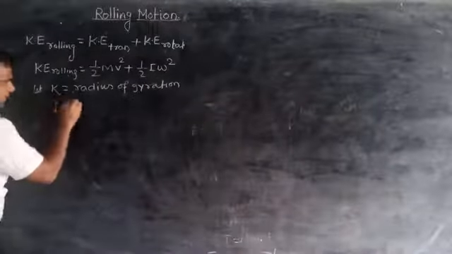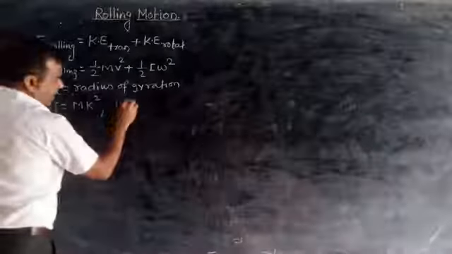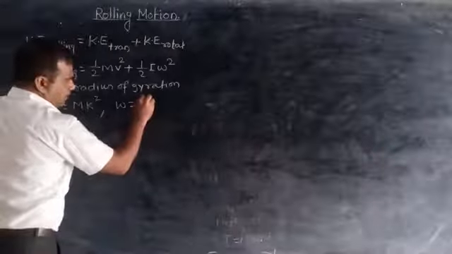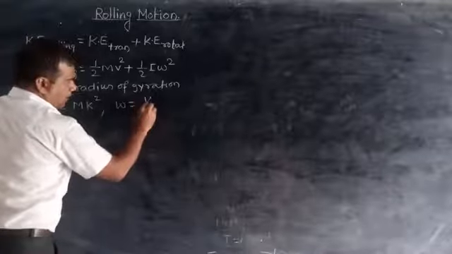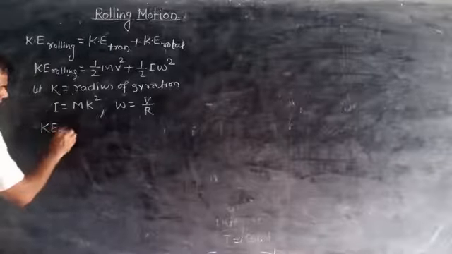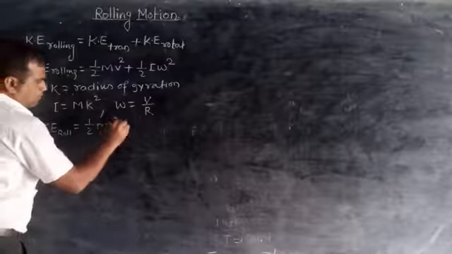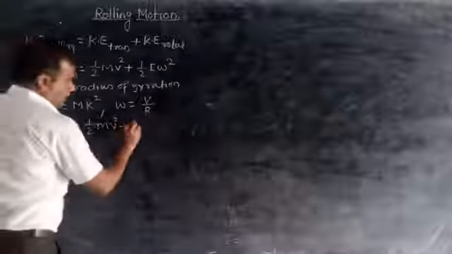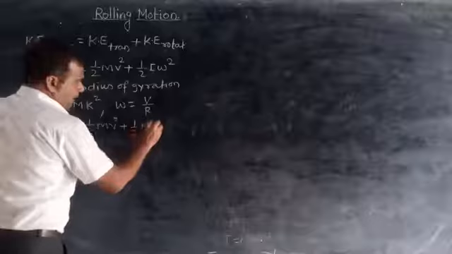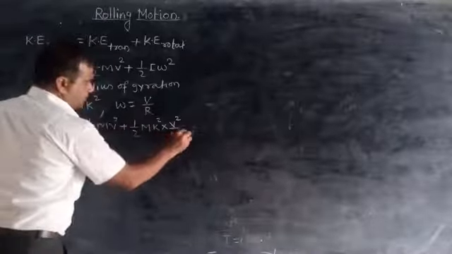Then I can be written as mk square. Omega can be written as v upon r. And after putting these values, kinetic energy in rolling is equal to half mv square plus half mk square into v square upon r square.